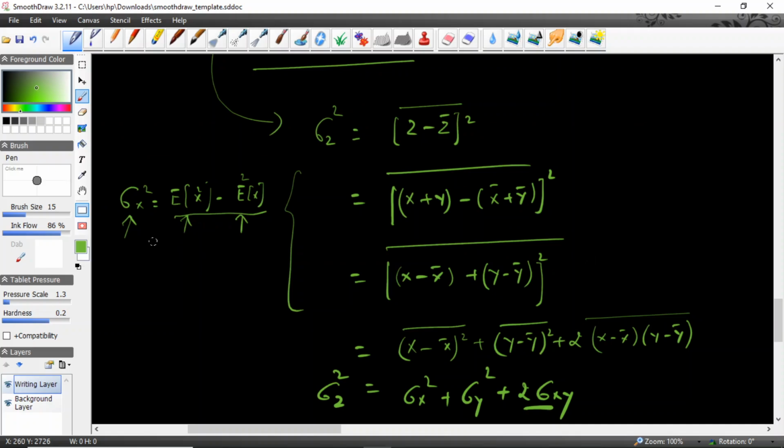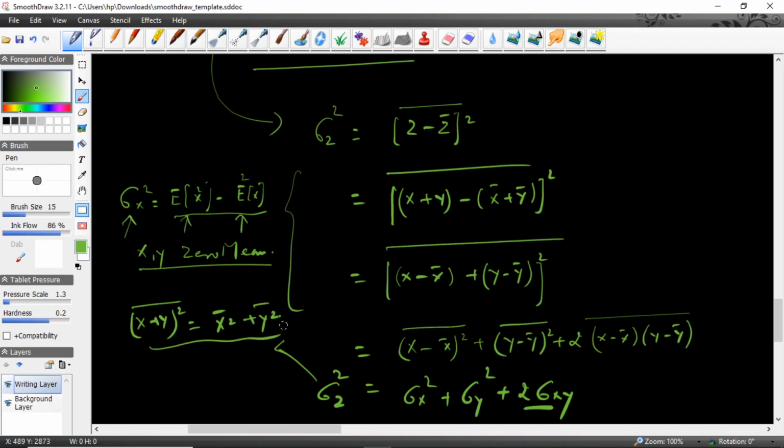And if you take two random variables x and y with 0 mean value, then their variance and mean square value are the same. Then I can expand this relation like this: for z, which is x plus y, the mean square value of z will be equal to the mean square value of x plus the mean square value of y.